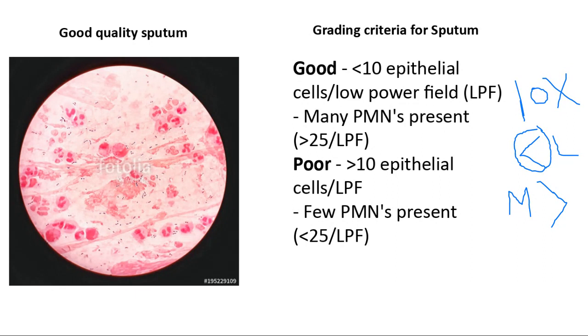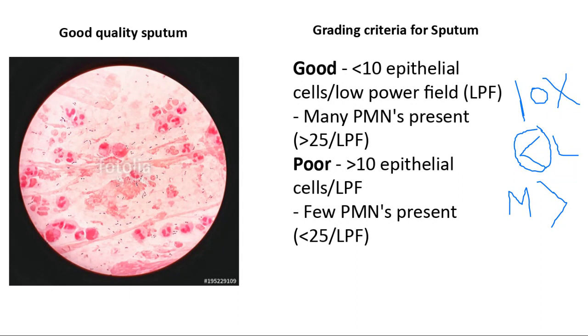To remember it, take your left hand, combine your index and middle fingers on one side, and the last two fingers together, and you get an arrow like this. When the arrow is like your left hand, it is less than, and the right hand means more than. So if you find less than 10 epithelial cells, good, you understand now, okay.